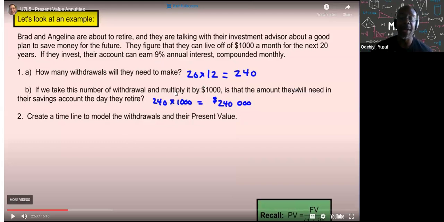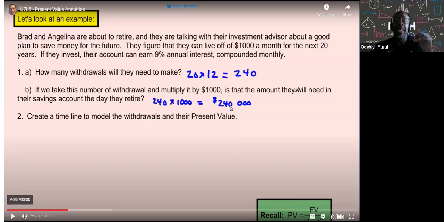No, because if I have money in my account today, I'm going to get interest on it. So interest will grow over time, over the 20 years. So I don't need $240,000 right now.